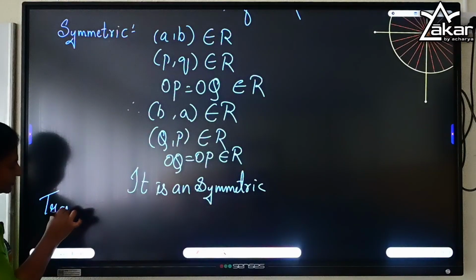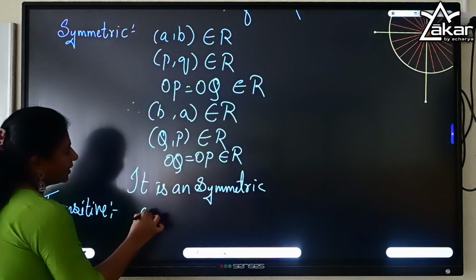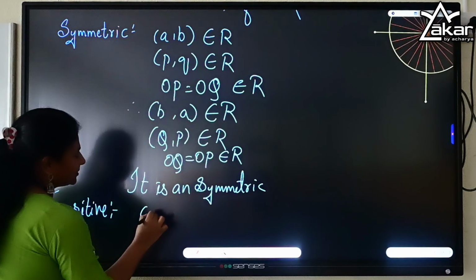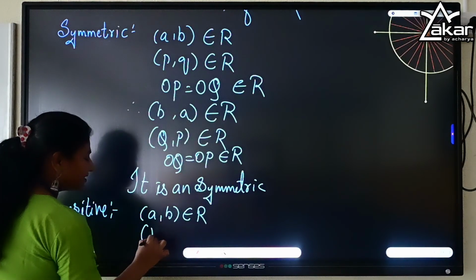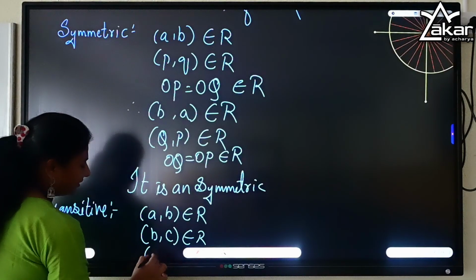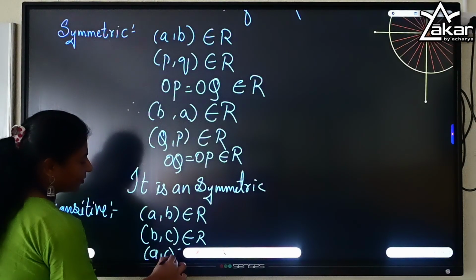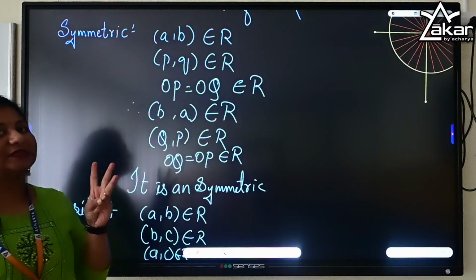Next one is transitive. What does transitive say here? Transitive says that if (A, B) belongs to R and (B, C) belongs to R, then (A, C) also belongs to R. Here we have considered 3 points.